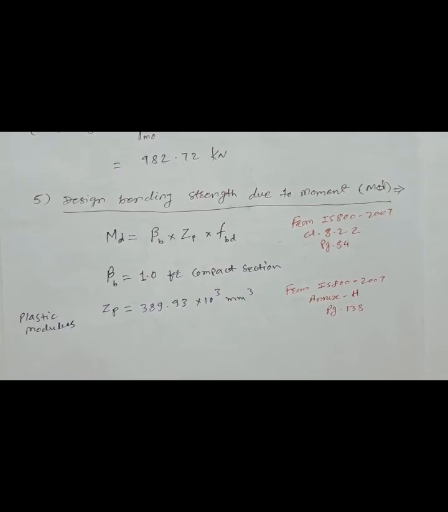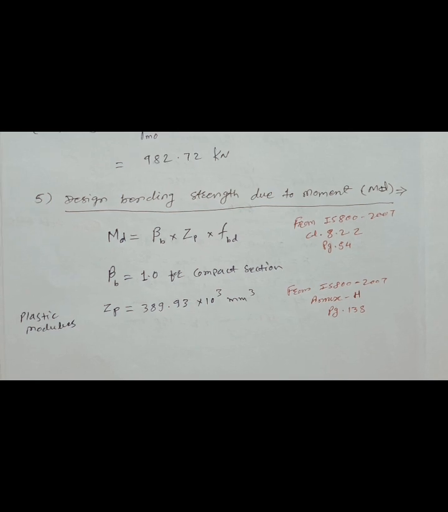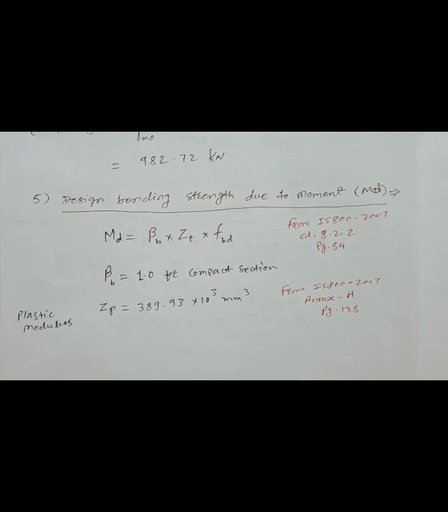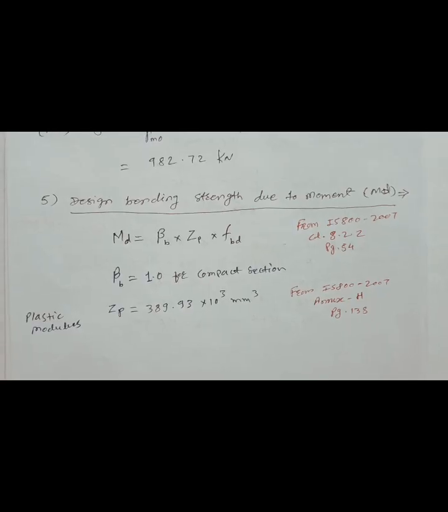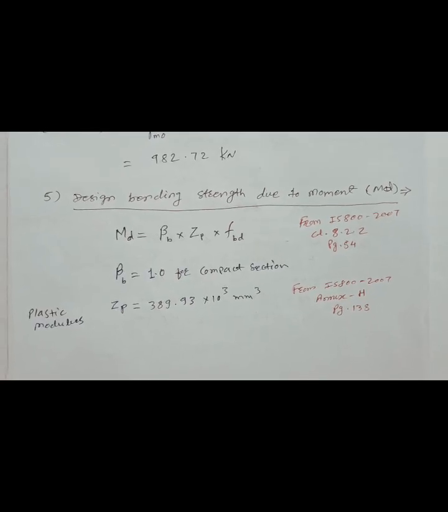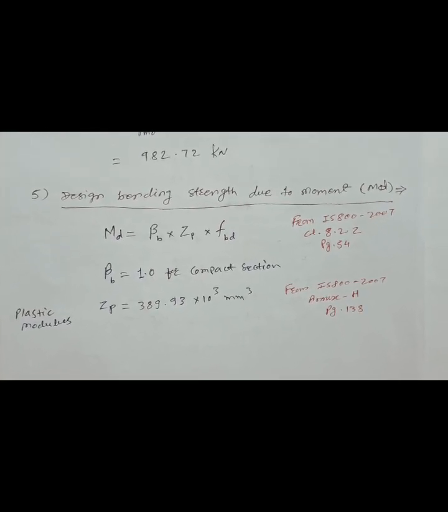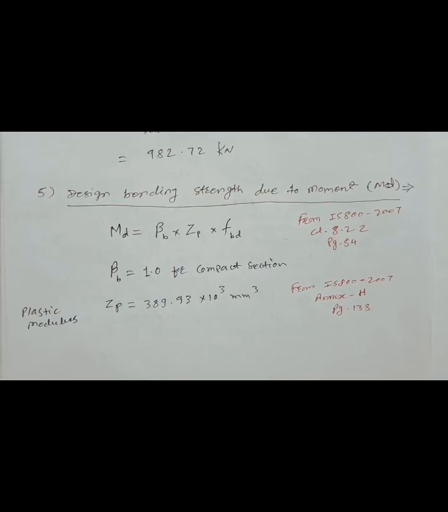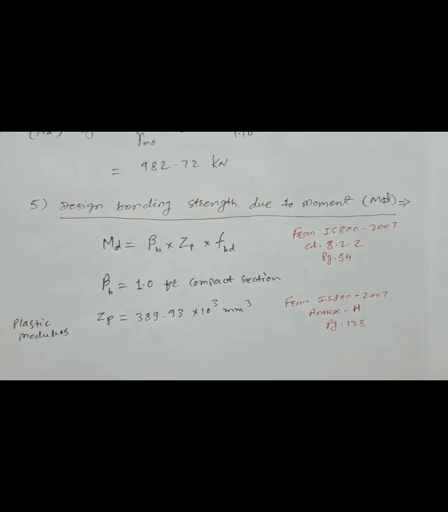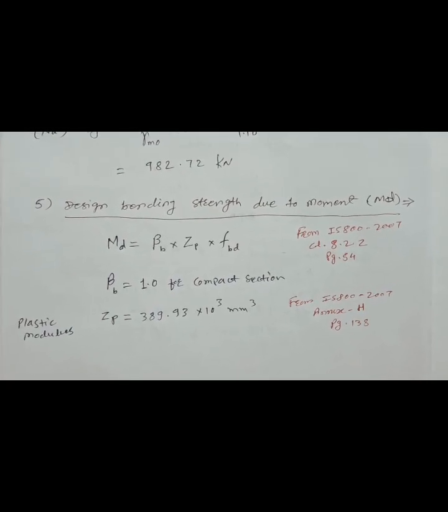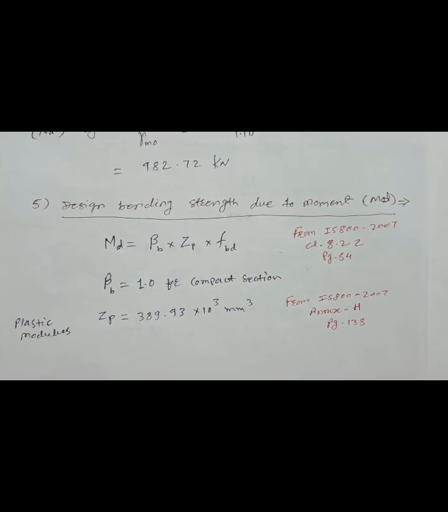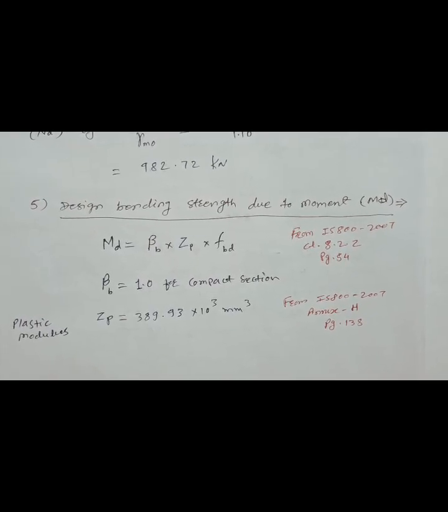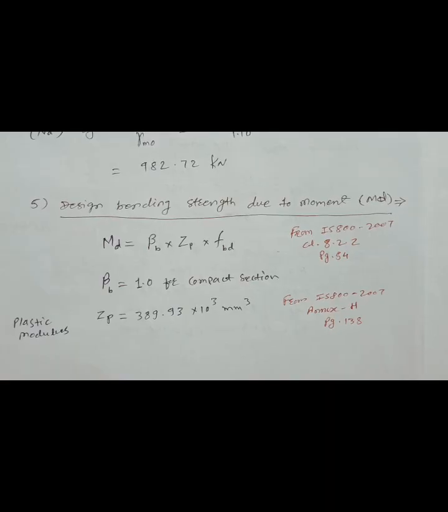So here initially we have to assume beta equal to 1 for a compact section, as we already determined the classification of the section, that is compact. And after that, ZP we can calculate from IS 800 2007 annexure H, where ZP is given. ZP is nothing but the plastic modulus of that section.